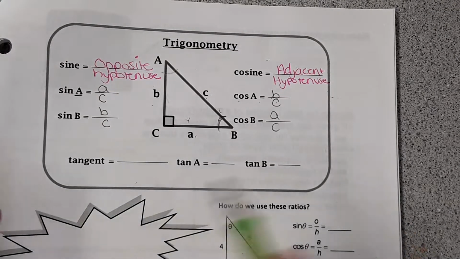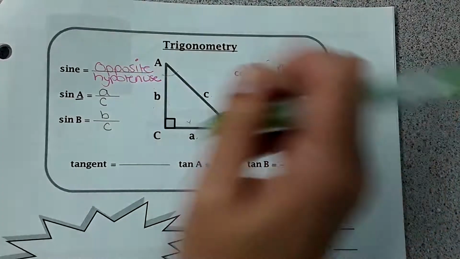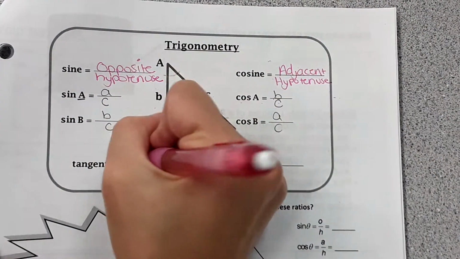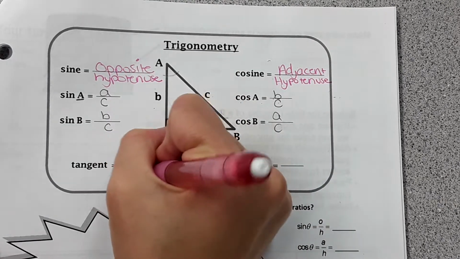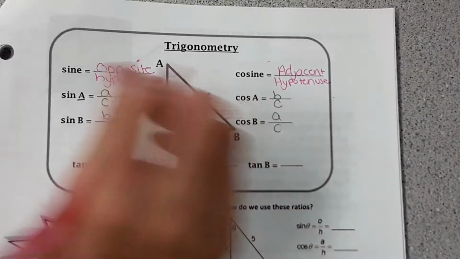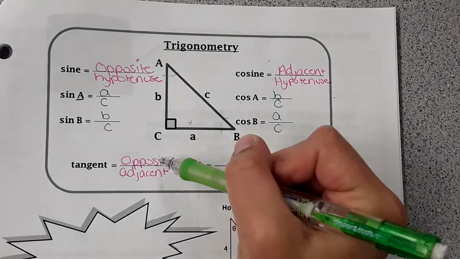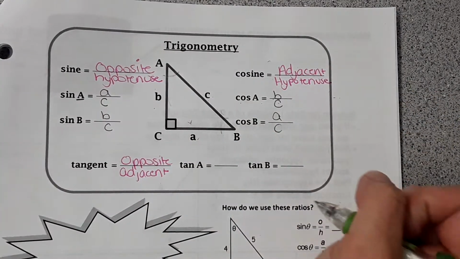And the third one is tangent. Tangent is opposite over adjacent. I'm going to give you a way to remember all this in a second, so just focus on the process. So tangent is opposite over adjacent.